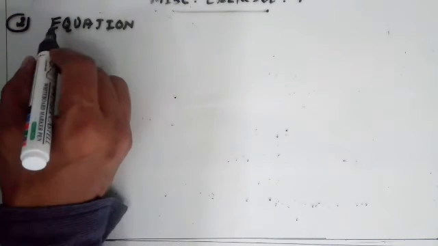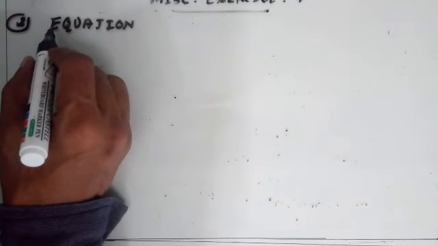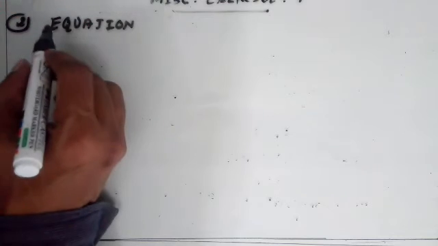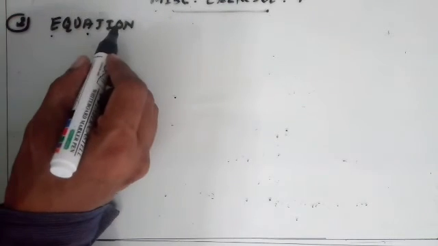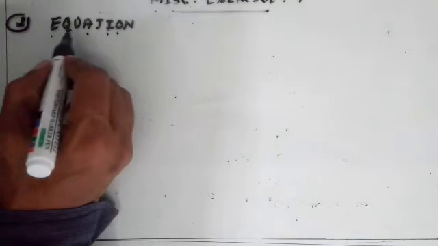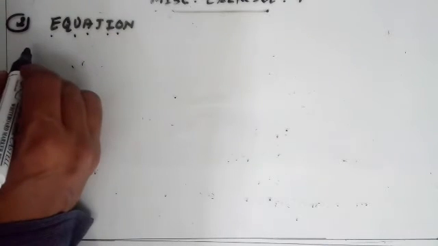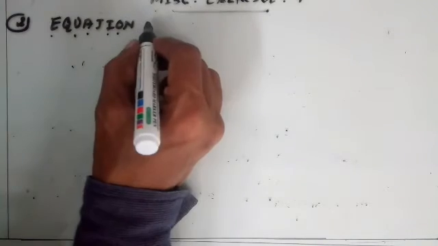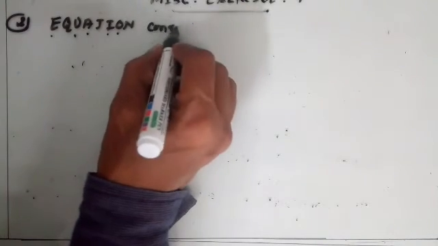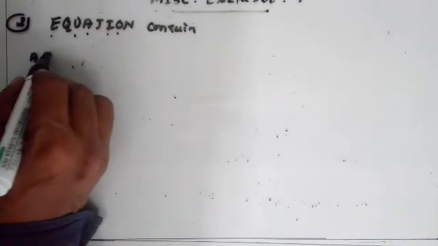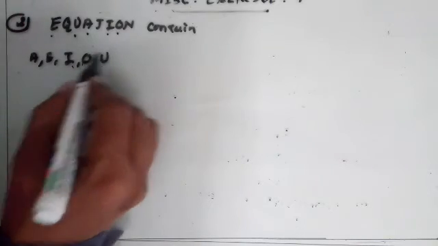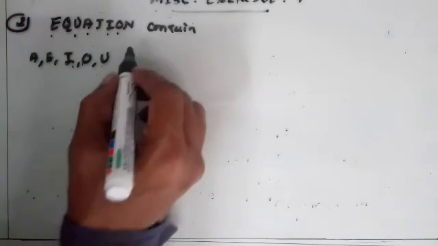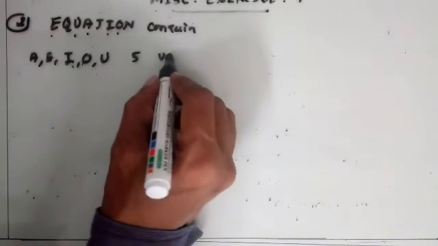Here this word contains vowels A, E, I, O, U, that is 1, 2, 3, 4, 5, 5 vowels.